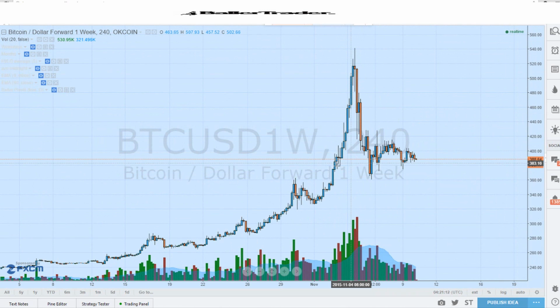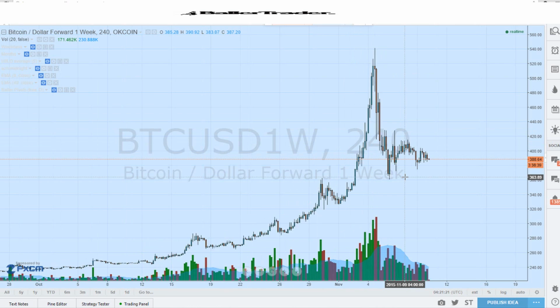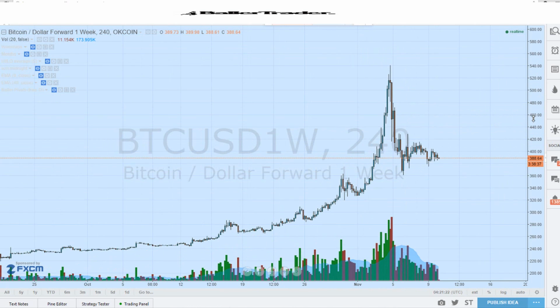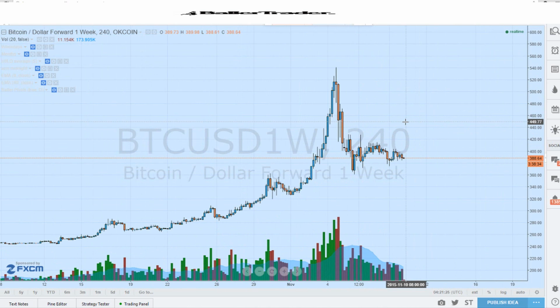A low in the market was taken out, and so it looks like distribution right here, and that is going to signify a reversal. And that's the only thing I have to say about reversals.